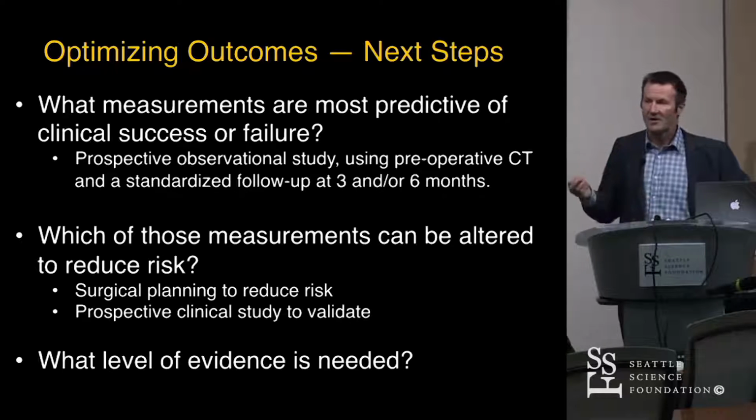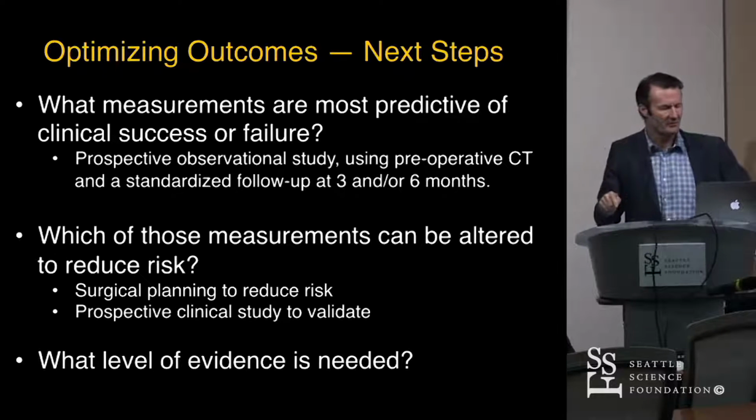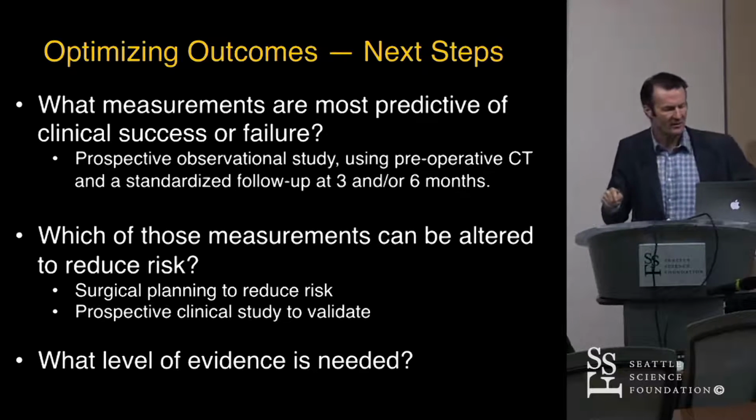Of course, being very practical, you're only interested in measurements that you can change, right? If I can't change the risk factor, in a sense, it's almost academic. So we want to be very focused on putting our finger on the things we can change with your surgical plan or with drug treatment, because that's the only thing that's going to affect the clinical outcomes.